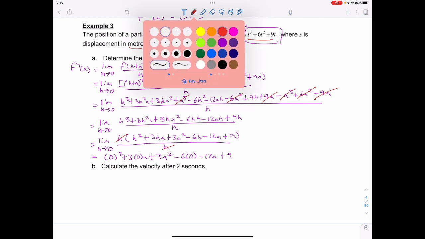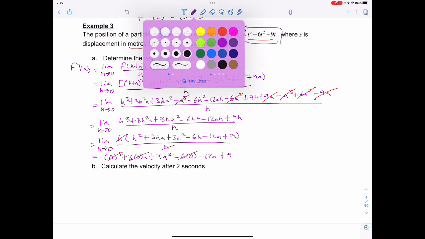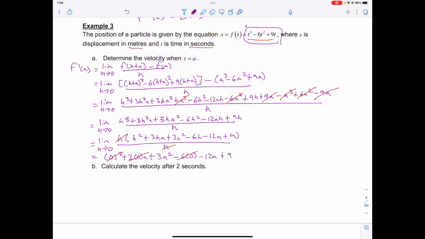And lo and behold, anything times 0 gets canceled out. And I wind up with f prime at a is 3a squared minus 12a plus 9.